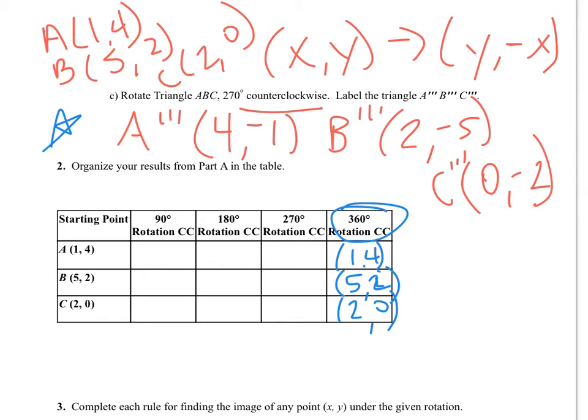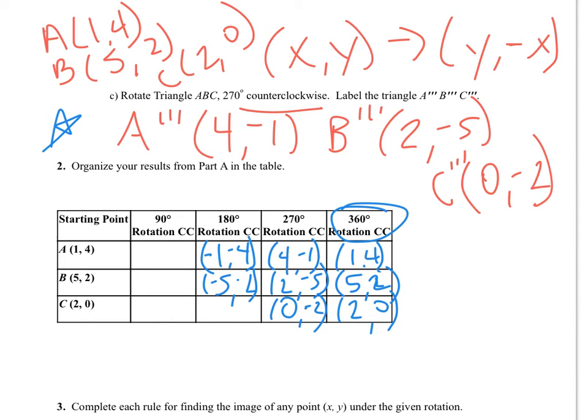So I have 4, negative 1, 2, negative 5, and 0, negative 2. All right, and then for the 180, we have negative 1, negative 4, and then B, negative 5, negative 2.